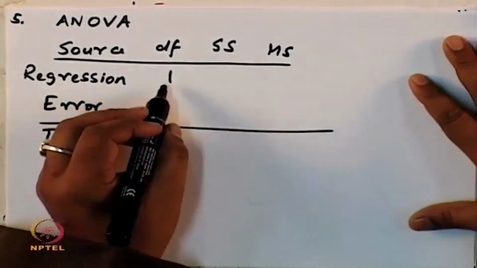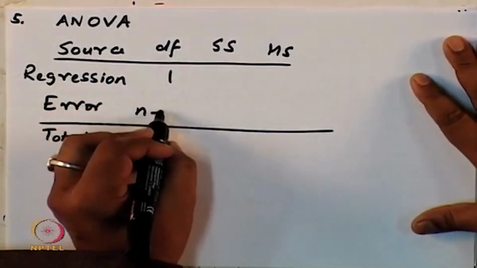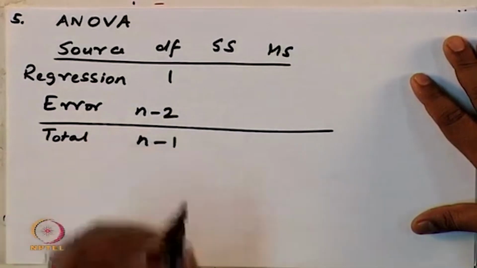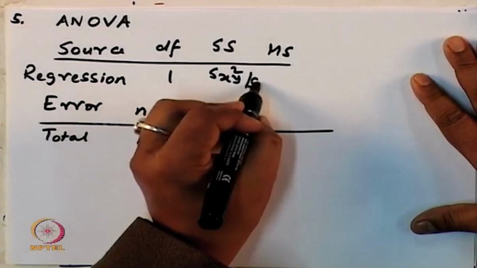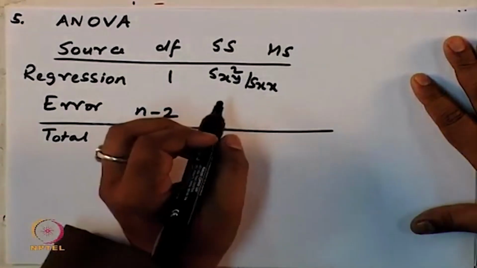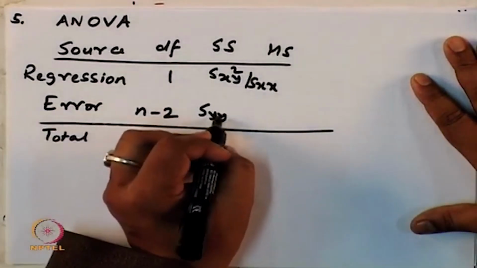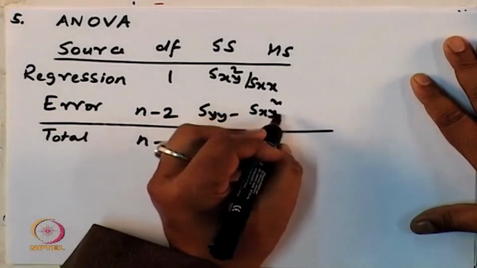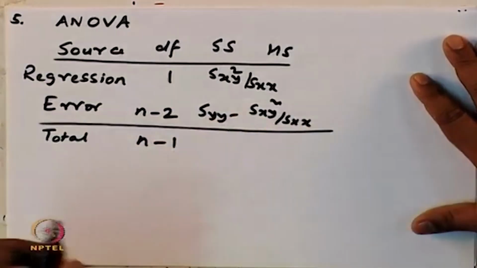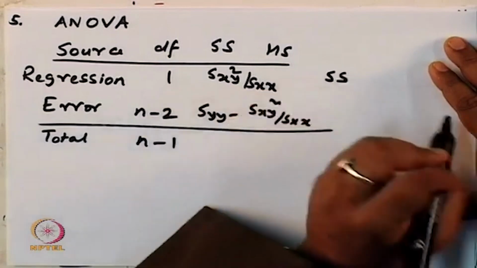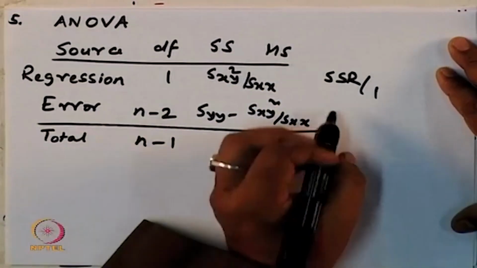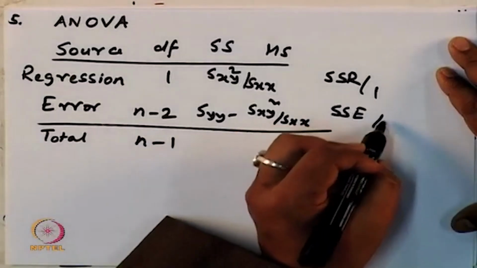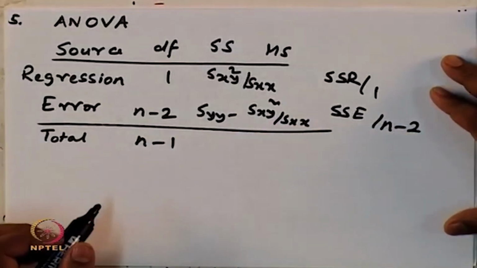So, regression has degree of freedom 1, error has degree of freedom n minus 2 and the total is n minus 1. Okay. This is SYY minus Sxy square by Sxx. This is SSR by 1. So, this is the same as this SSR and this is SSE by n minus 2.